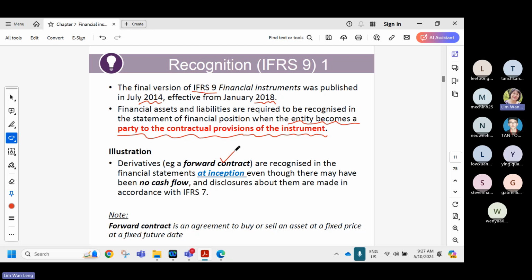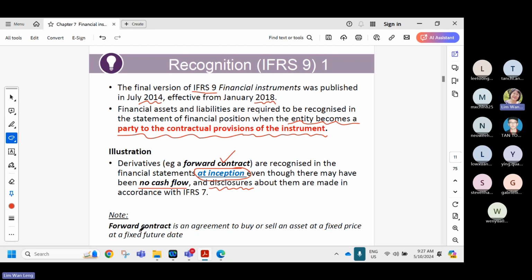Okay, so a forward contract, which is one example of a derivative instrument, will be recognized in the financial statements at the inception. Inception means what? At the beginning itself. Even though there is no need to come up with any money. So how do we record? Because there is no outflow of money, we can't credit the bank and so on. But we still have to put it down as part of the disclosures in the books.